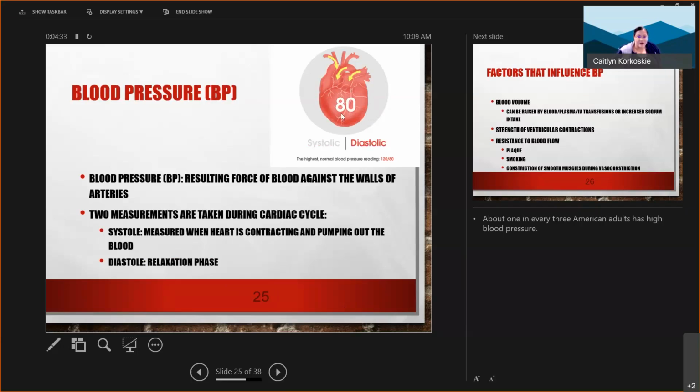So you can see in this little image here, when it's not contracted, there's not much pressure on the arteries and the blood vessels, but then when the heart does contract, pushing the blood through the vessels, that is that top number. So like the highest amount of pressure and then the lowest amount of pressure on the blood vessels.